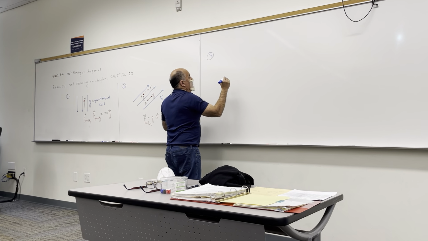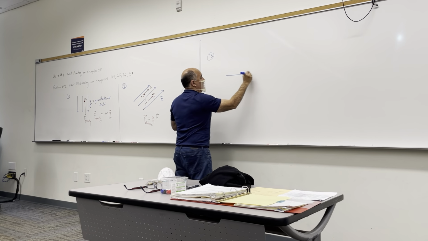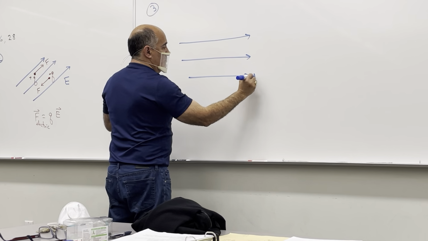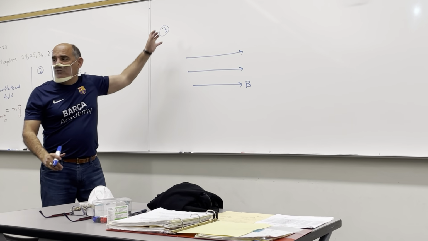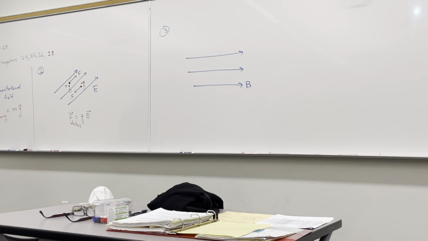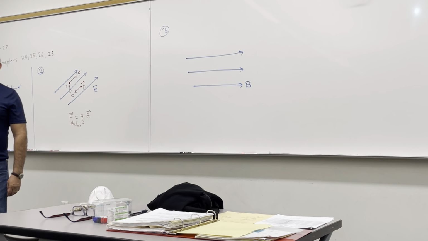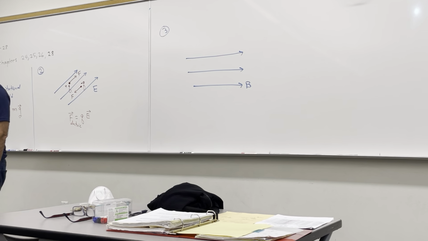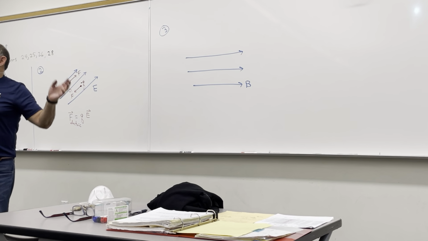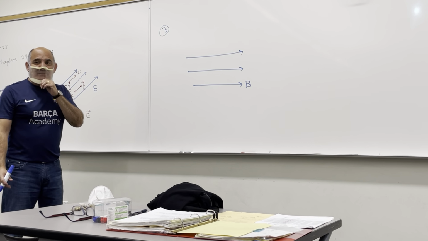What if there's a magnetic field pointing this way? There's some moving charge somewhere that generates that magnetic field. Some moving charge, some current somewhere, maybe a solenoid, a toroid, whatever. There's some moving charge that generates this magnetic field.